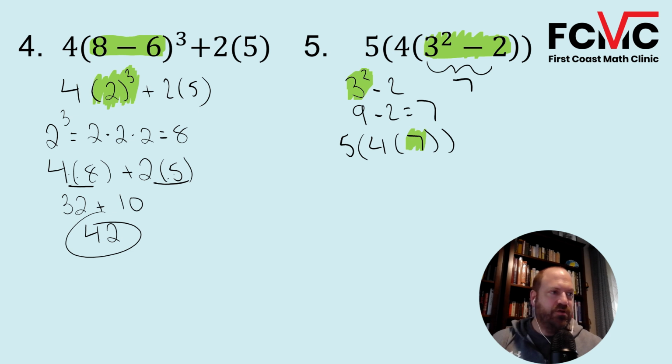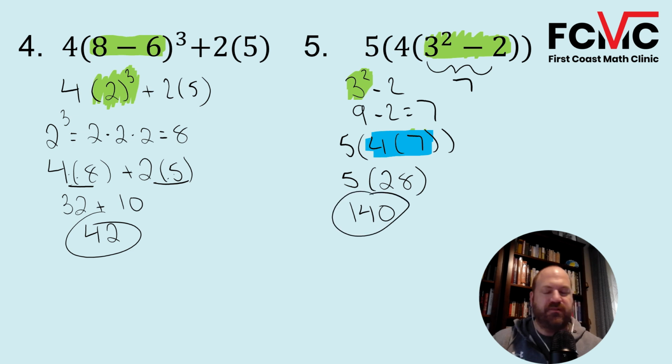Now let's do our multiplication, starting inside our innermost parentheses, so we can do 4 times 7. 4 times 7 is 28. And now we've got 5 times 28, which is going to give us 140 as our answer.